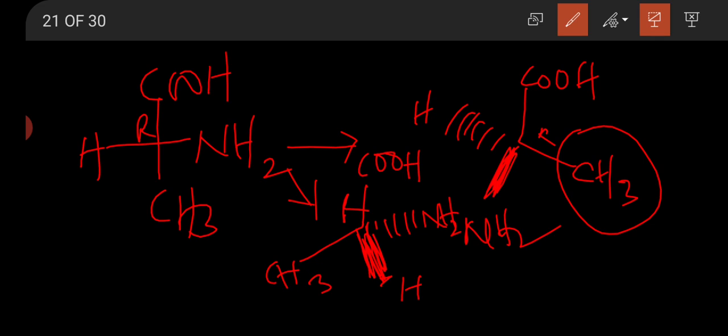Let's take another example, the molecule glyceraldehyde: CHO, OH, H, CH2OH. This is glyceraldehyde.